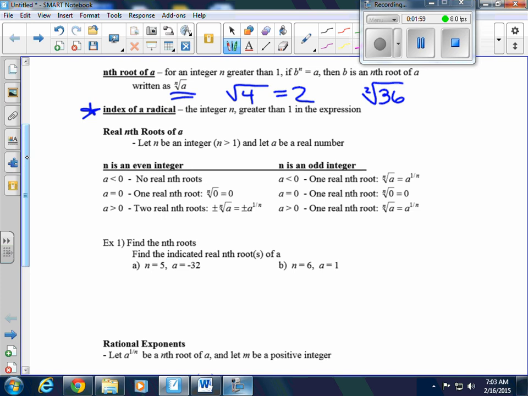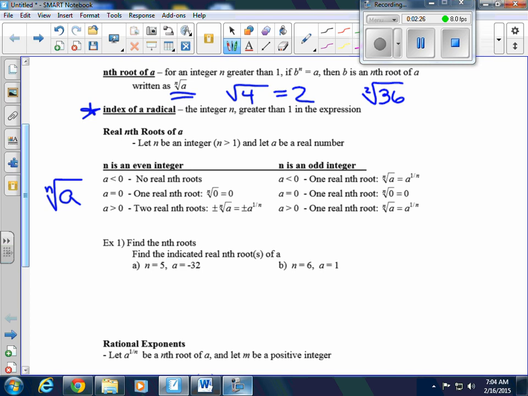So if it's even and a is less than 0, so we're looking at a situation like this. If our index number, this n, the number on the outside, is even and a is negative, that means there's no real nth roots.